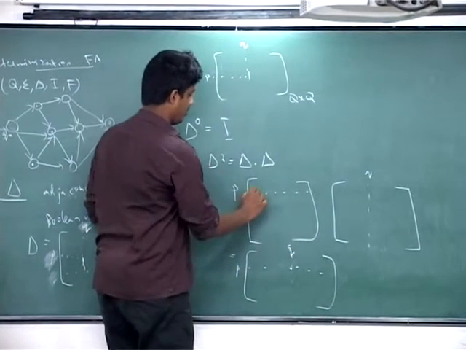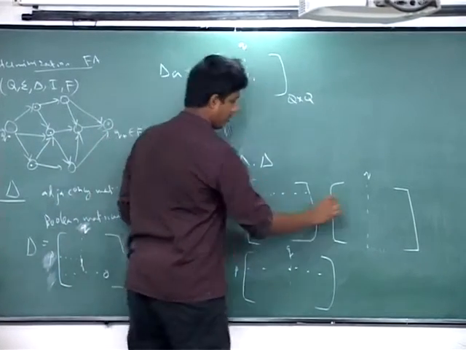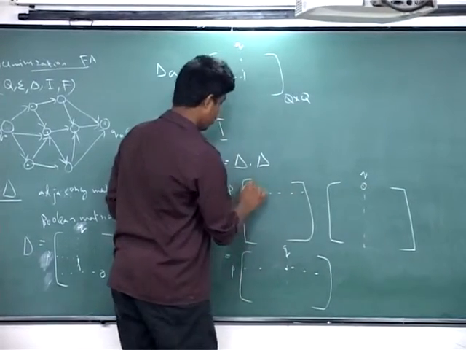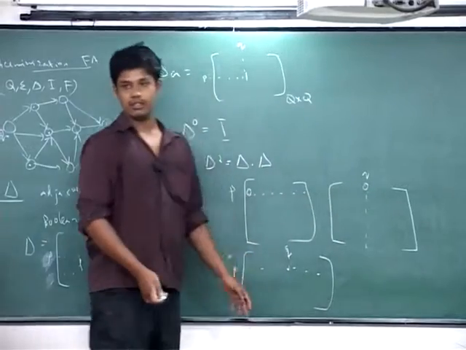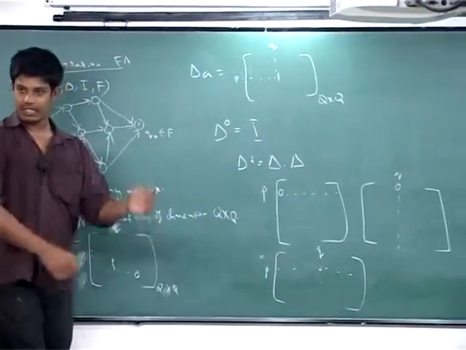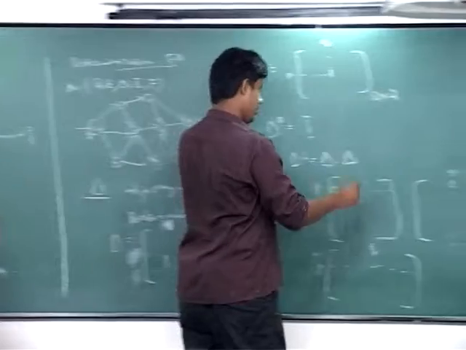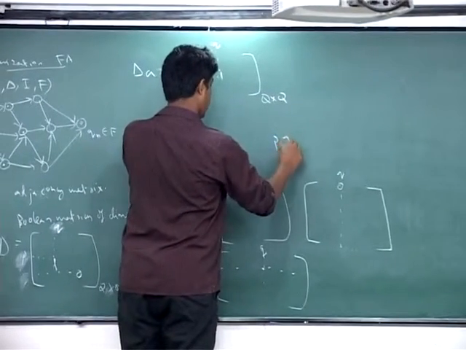PQ will be this summation, right? This dot this plus this dot this plus this, and so on. What exactly does delta square compute?